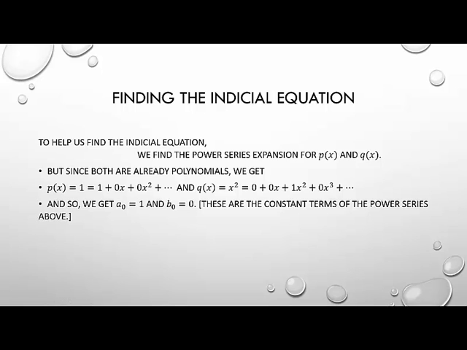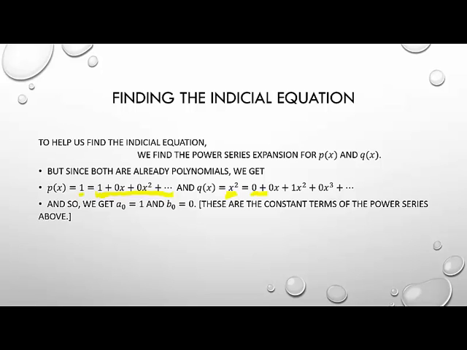We need to find an indicial equation, so we identify little p and little q. Remember, little p is equal to 1. We can find a power series expansion that's not of any use except for the constant term, because we'll use the constant term in the indicial equation. We can also find q.